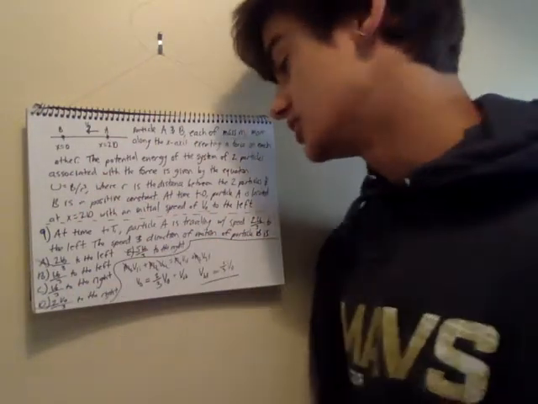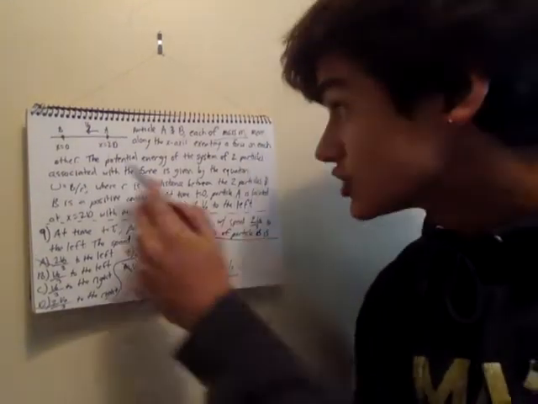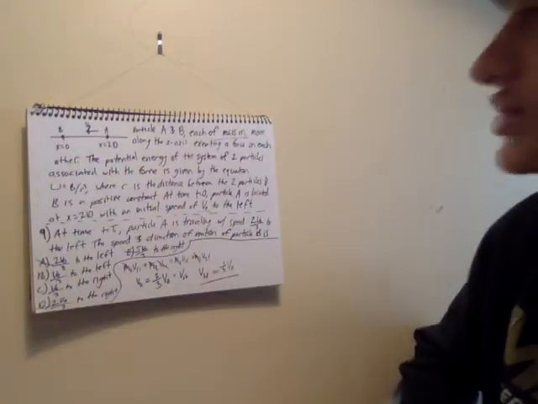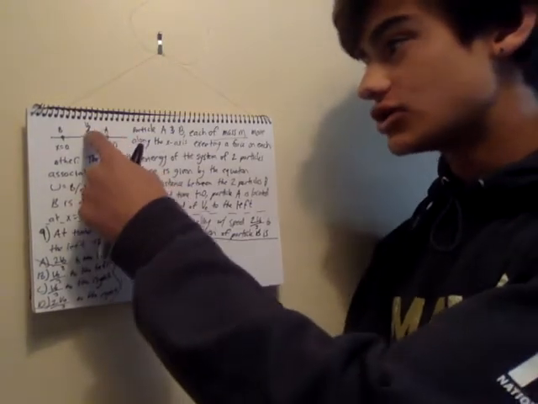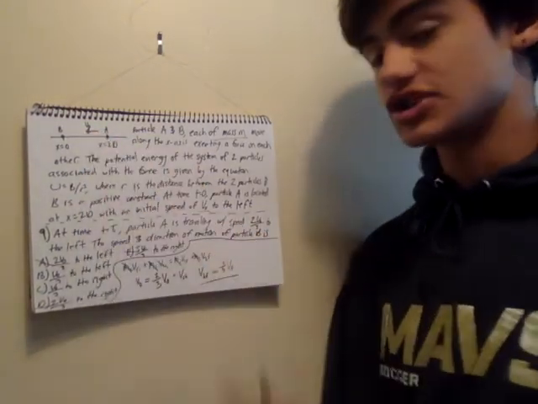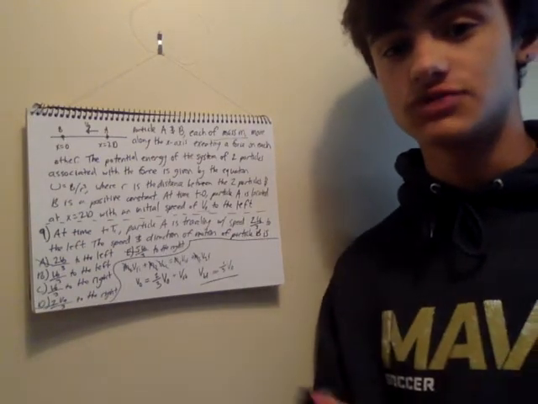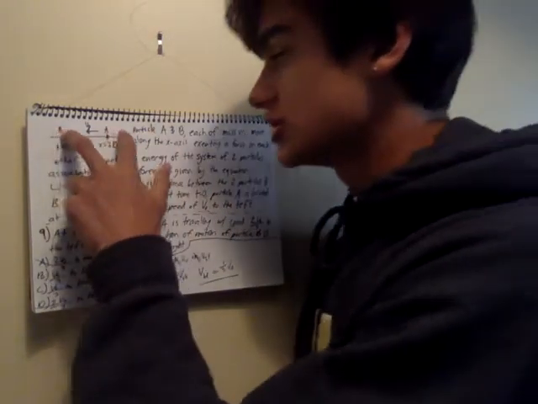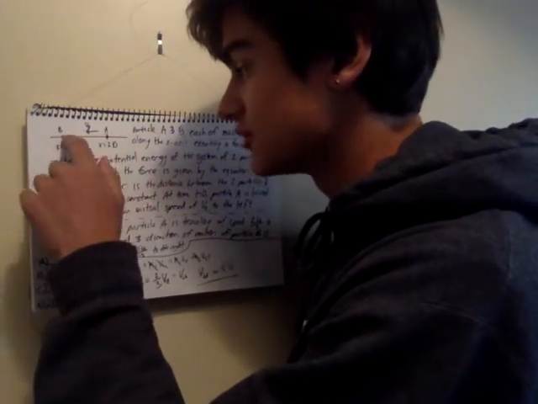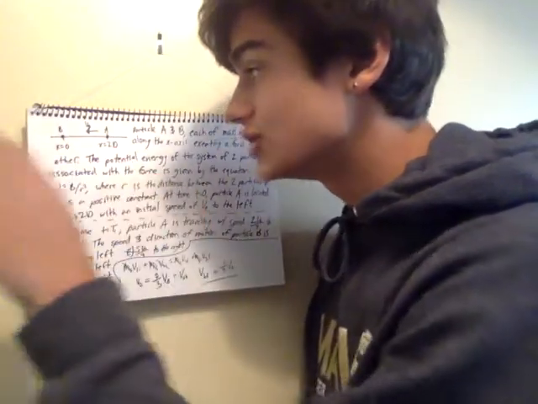At time t1, A is traveling at a slower speed towards B. So that means we know that since this was traveling at v0, A is now closer to B, and it's traveling slower. That tells us that these are repulsive. There's a repulsive force between the two particles. So if they repel each other, and A is exerting a repulsive force on B, it's going to push B away.